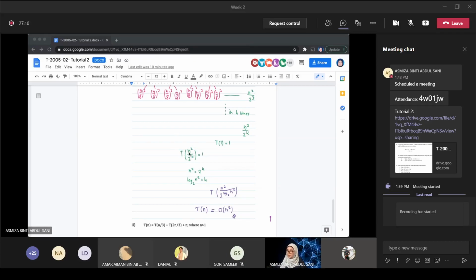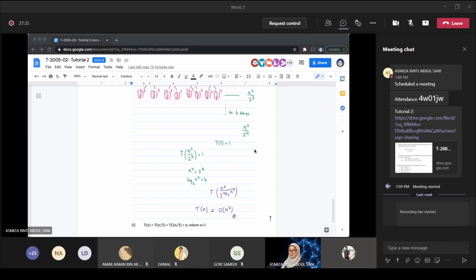For this, I know you get this from here, from how your n is approaching the base case. Once you get the k, you plug it inside here, so that you know the total summation from the beginning until the end.